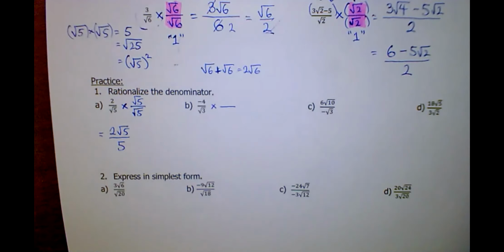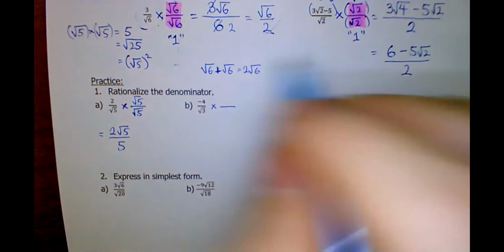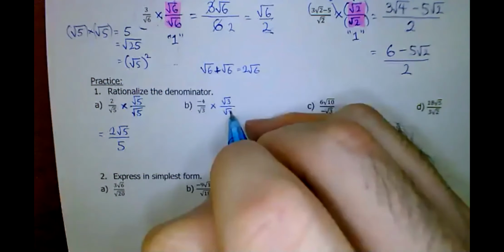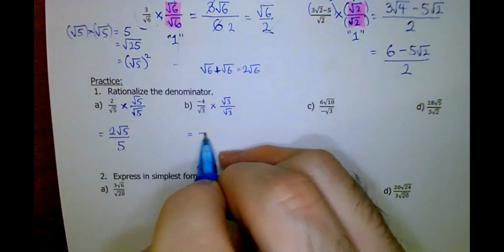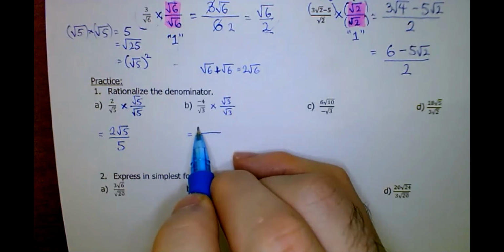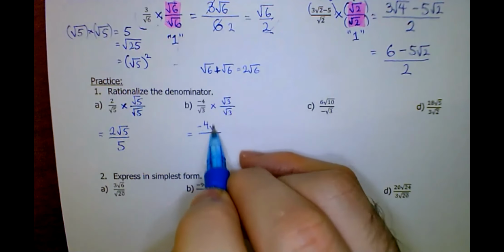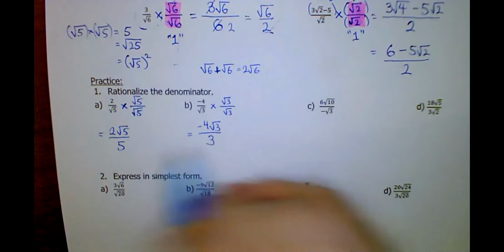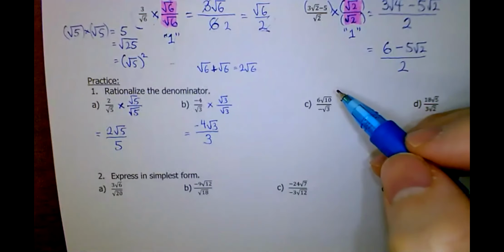It's okay to pass, but I would like everyone to be here. Daniel Rain. You multiply by root 3 over root 3. Can you finish? And then that becomes negative 4 root 3 over 3. Good. And you're done. Excellent.